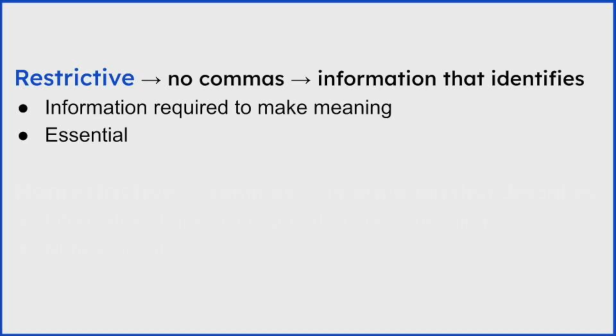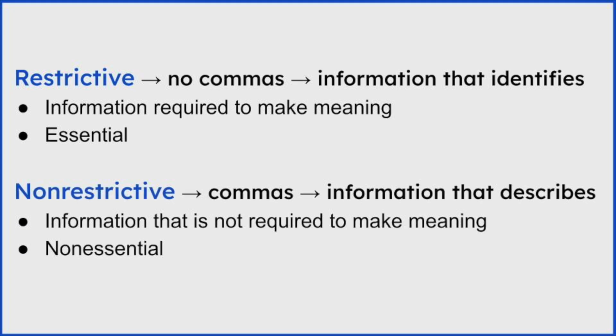Let's look at the definition of what restrictive and non-restrictive really means. So if you have a restrictive phrase or clause, then you need to think about the fact that this information is considered essential to the meaning of the sentence. So you don't put commas around it. If it's non-restrictive, it means that it is not essential to the meaning of the sentence, so you put commas around it.